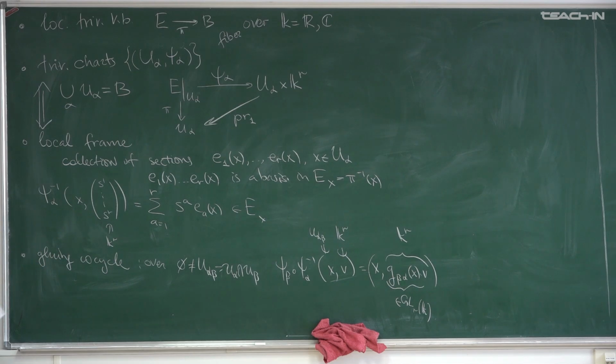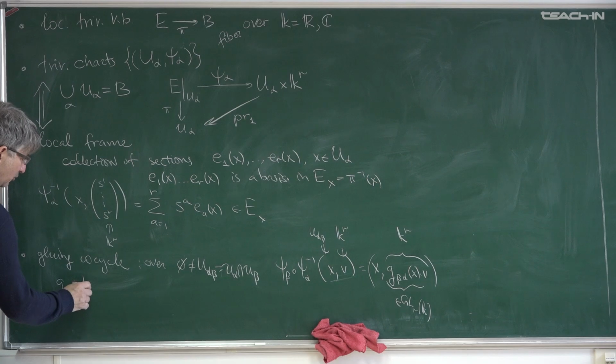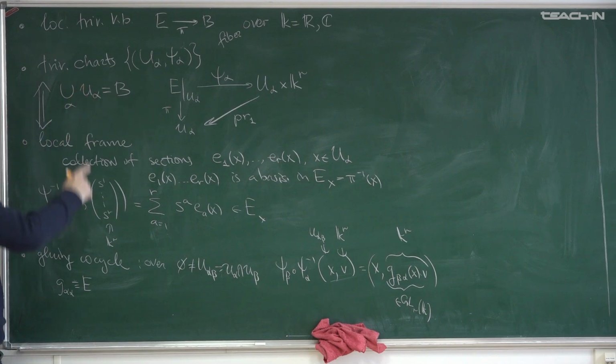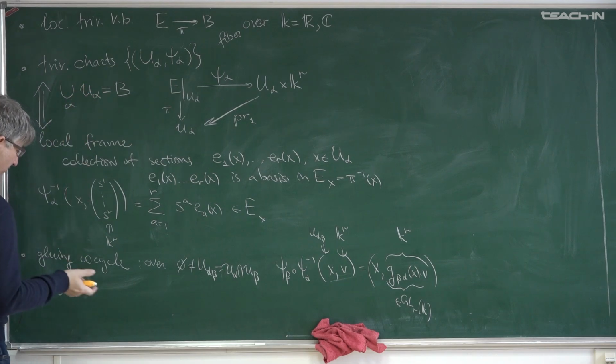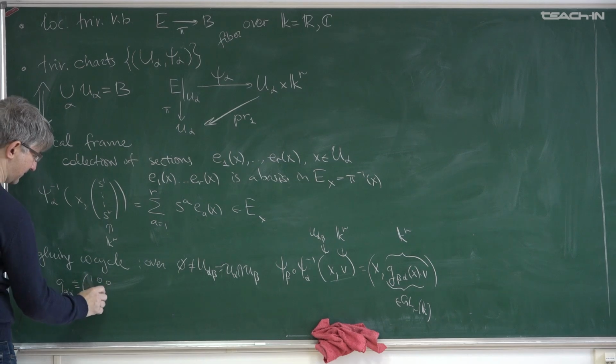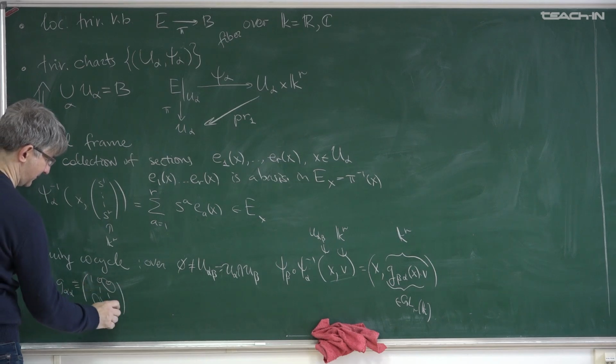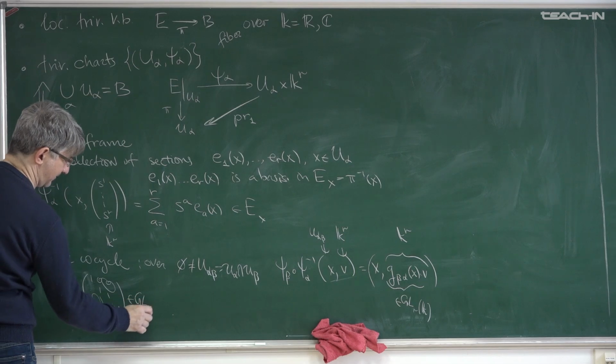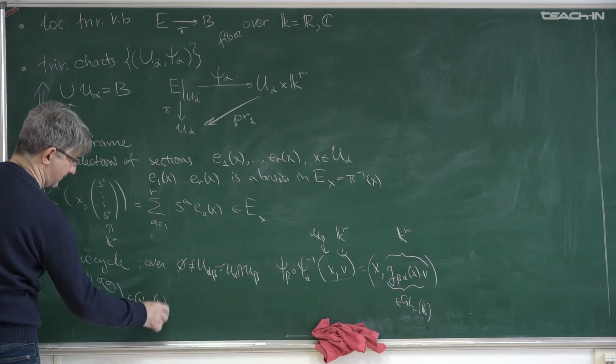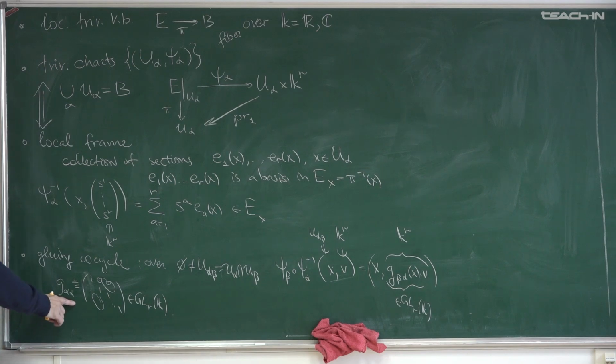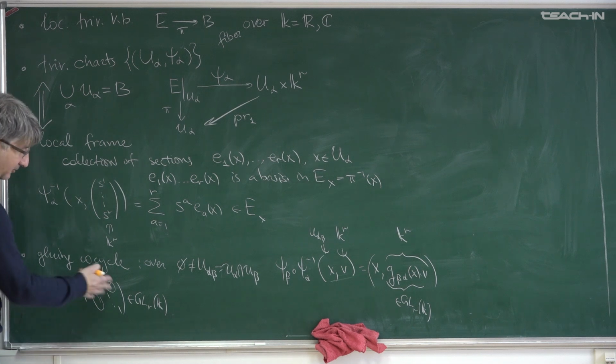Okay, what are the properties of the gluing cocycle? g alpha alpha is the identity, identically equal to the unit matrix. It's not possible to write E for it because E is the total space. So if the indices are the same, U alpha intersects with U alpha, and I need to write this matrix, this is the identity.